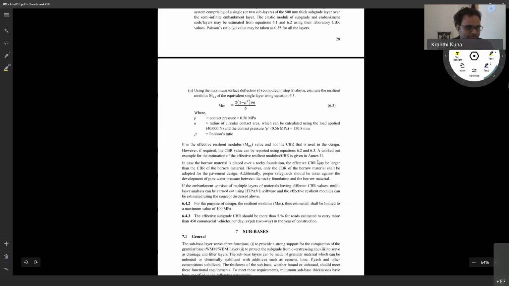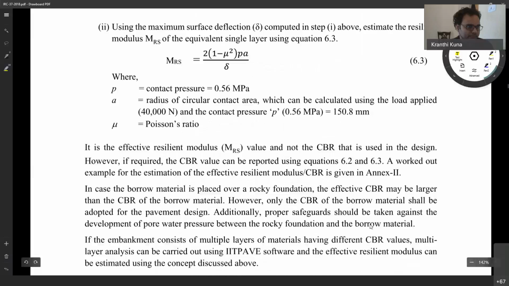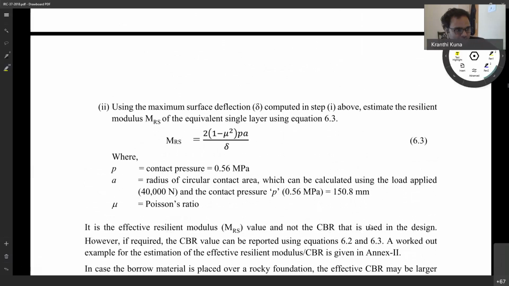So can you see here? Can you see the equation on the screen? Yeah, it is visible. Okay.